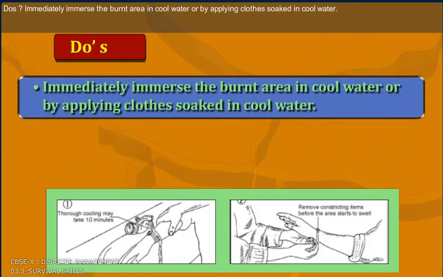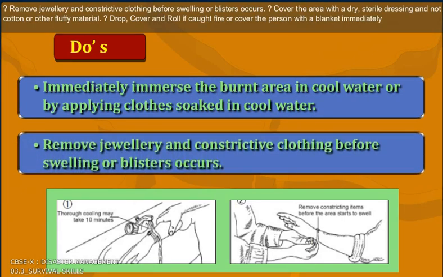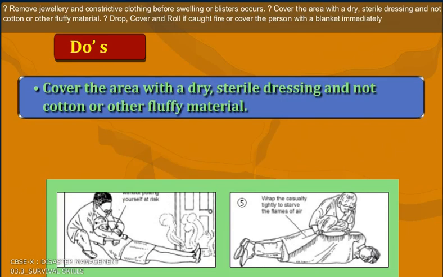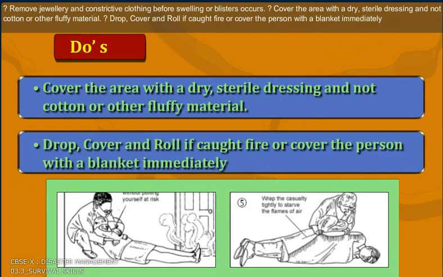Do's: immediately immerse the burn area in cool water or apply clothes soaked in cool water. Remove jewelry and constrictive clothing before swelling or blister occurs. Cover the area with a dry, sterile dressing and not cotton or other fluffy material.